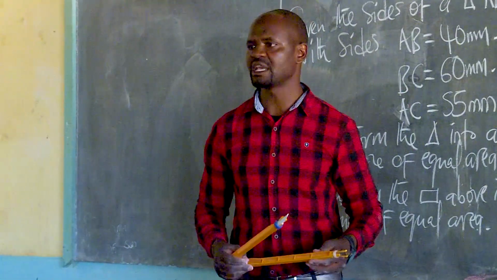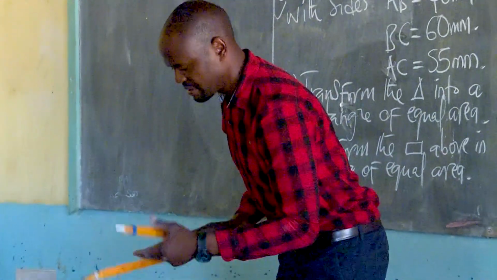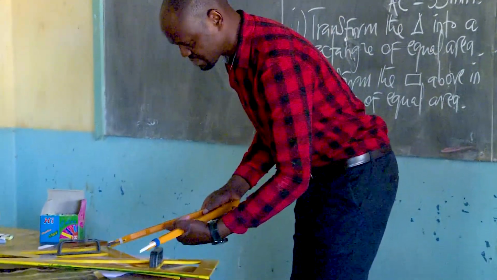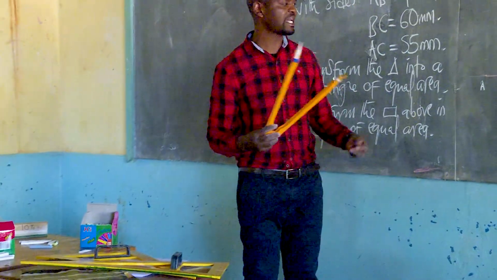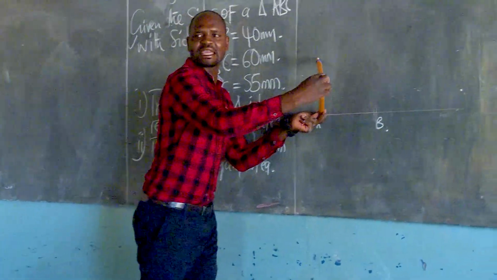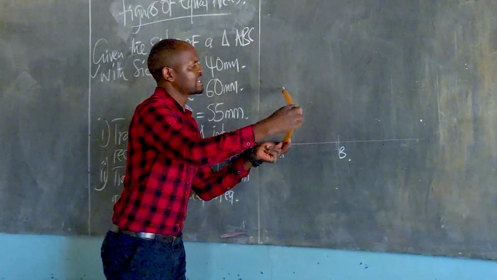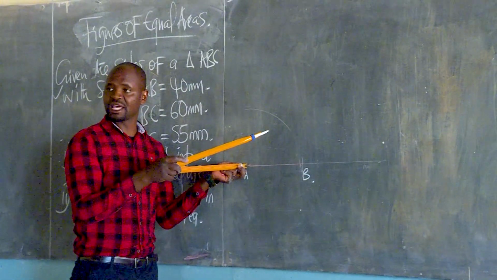Point A. Are we together? Yes, sir. Okay, so here are my measurements. With these measurements, I'll stand on point A there and strike an arc. Are we together? Yes, sir. Strike an arc in construction like that.